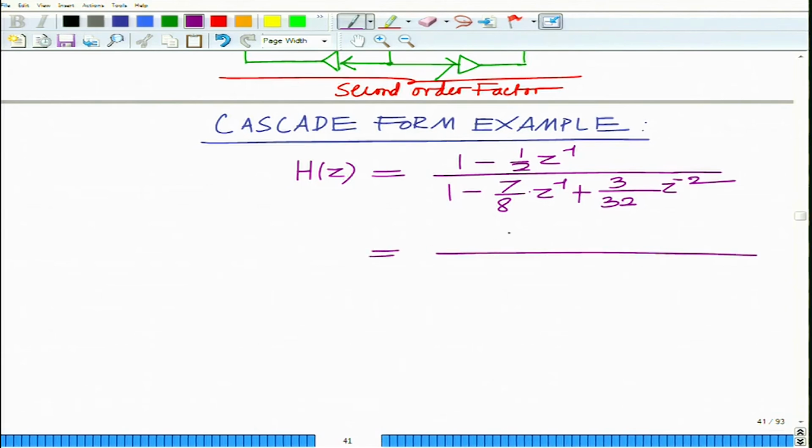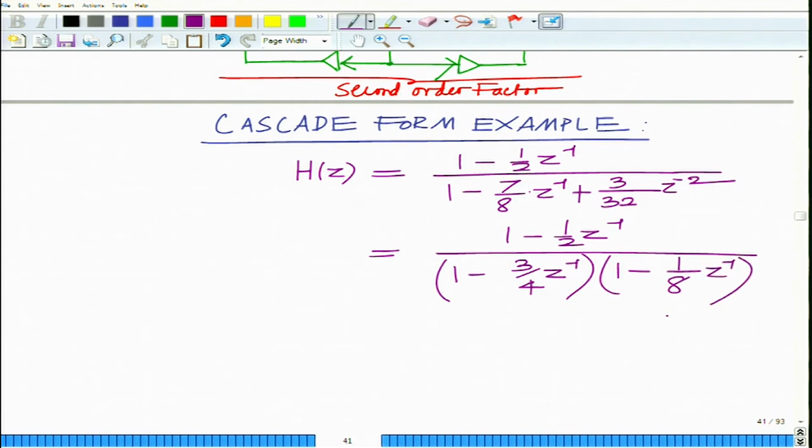This is equal to (1 minus half z inverse) over (1 minus 3 by 4 z inverse) into (1 minus 1 by 8 z inverse), correct.